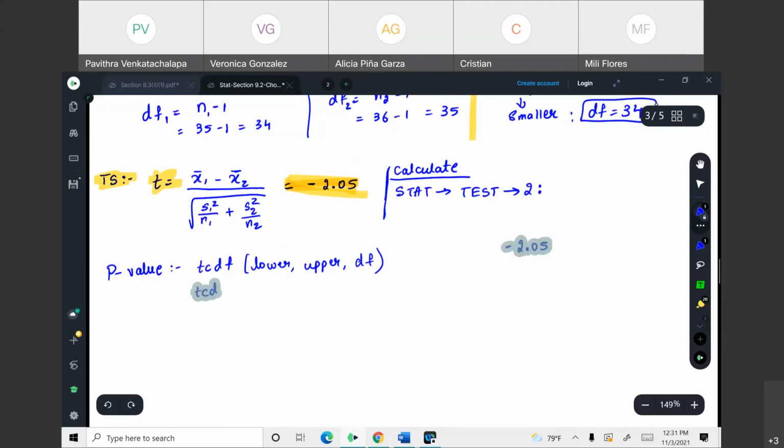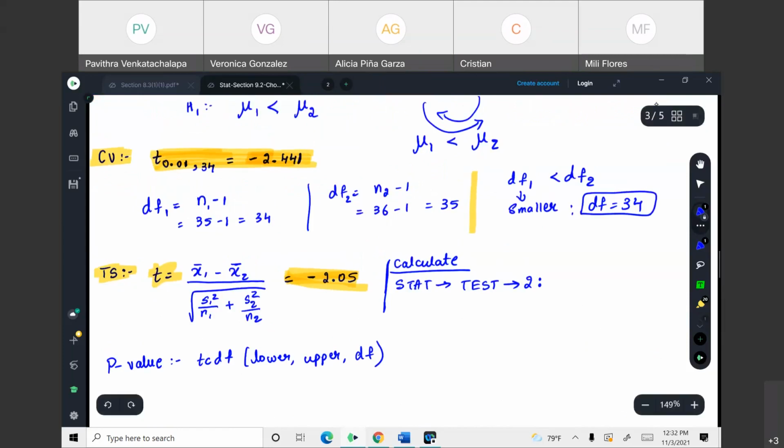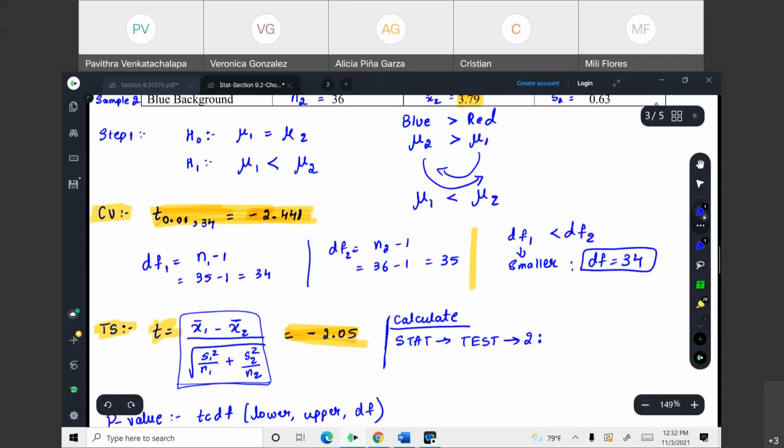I have not really used it, but what is it asking for? It has to be asking for these values, and all these values are given in this table.